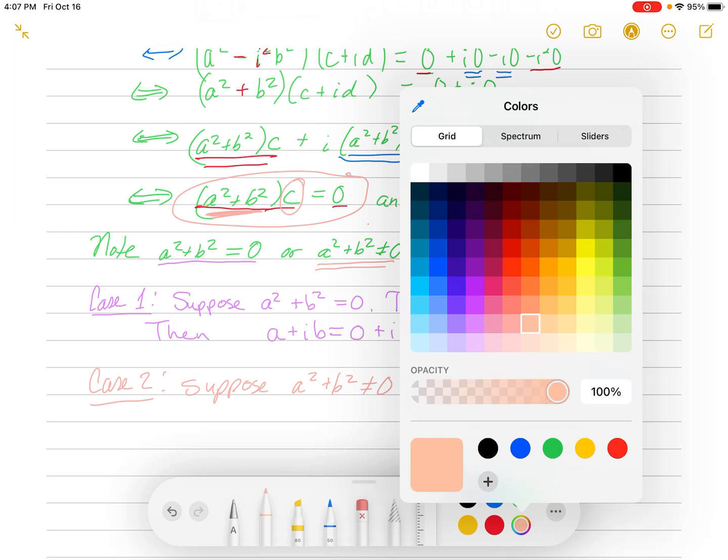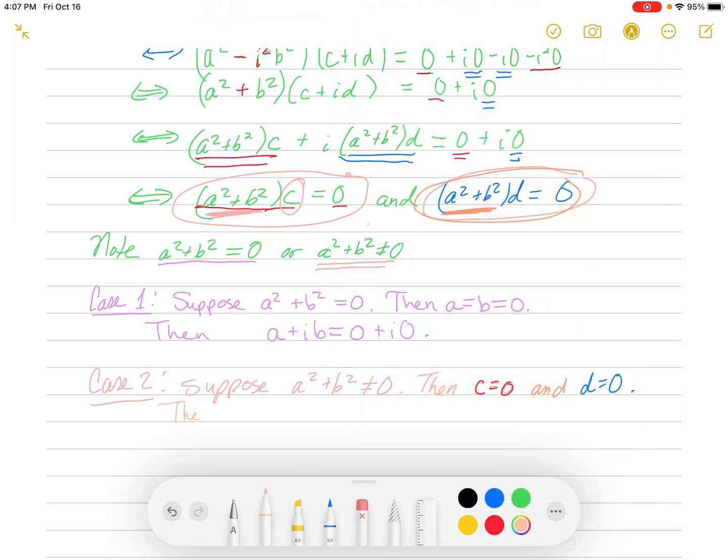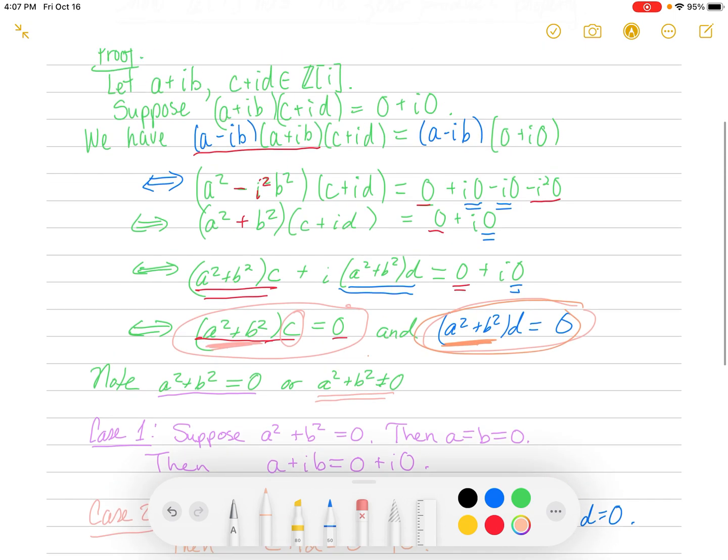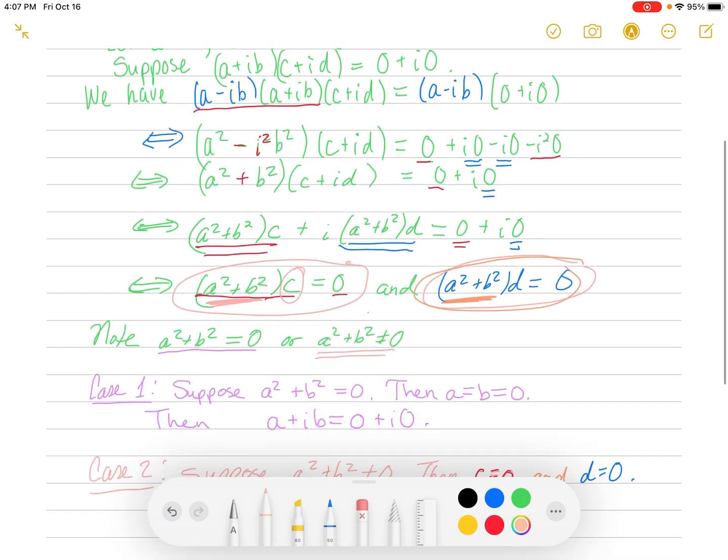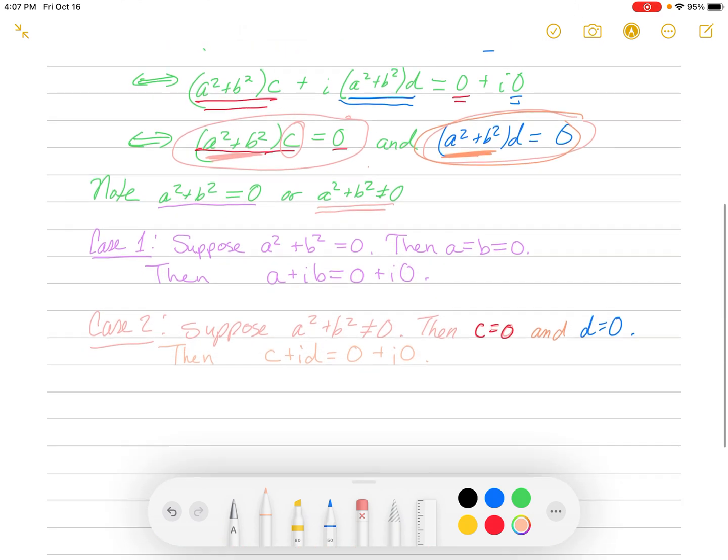So that means c is 0 and d is 0, and therefore c plus id, well, if c is 0, we have 0 plus, and if d is 0, i0. So that proves the other part. What have we proven? The zero product property, right?